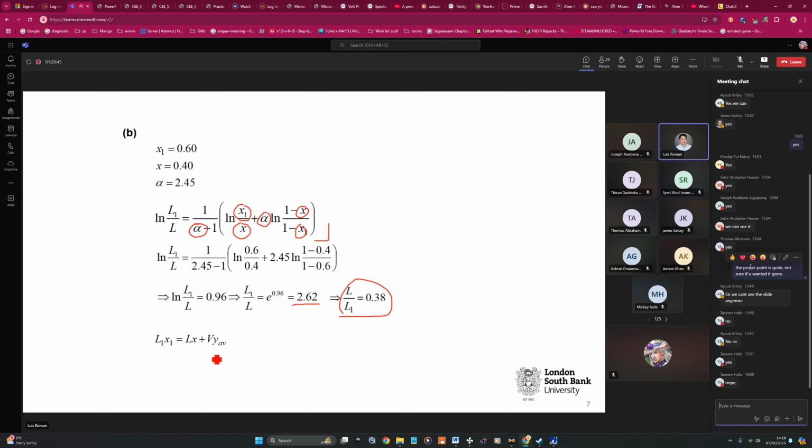Then we want to find the average vapor composition. We can use this equation, which is basically a mole balance, because the amount of liquid at the beginning times its composition is equal to the amount of liquid at the end times its composition plus the amount of vapor times its composition.